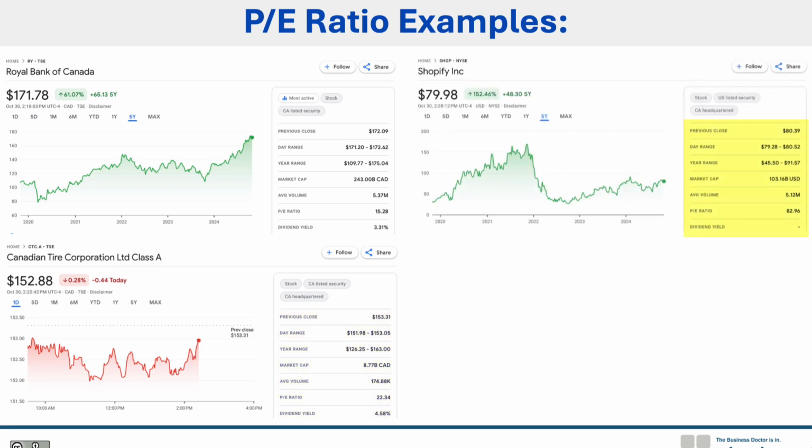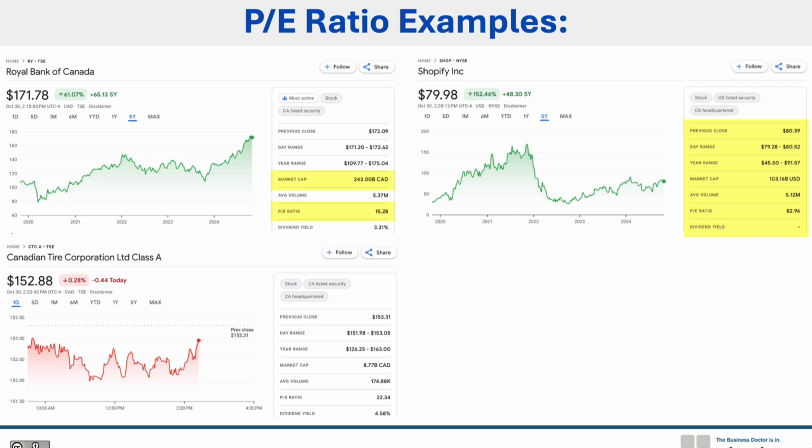Here's Shopify, so a tech company. It's not nearly as old as Royal Bank of Canada or Canadian Tire. Its previous stock price was $80.39, but its PE ratio is 82.96, so almost 83 times its earnings.